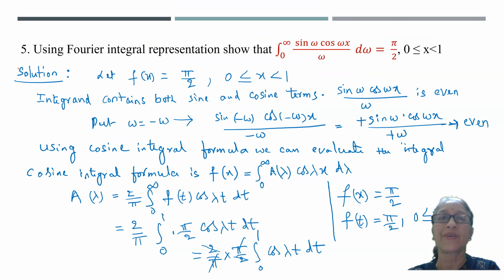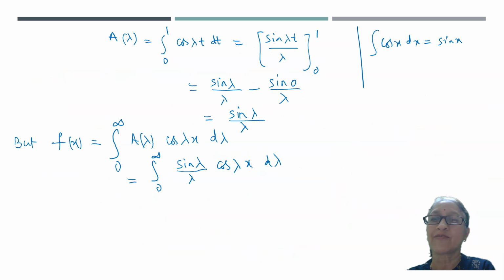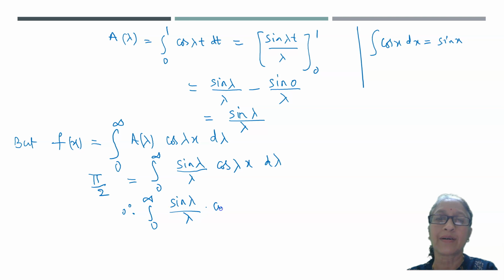We have taken f(x) as pi by 2. So here in the place of f(x), we can write pi by 2. Therefore, integral 0 to infinity sin lambda upon lambda into cos lambda x d lambda equal to pi by 2.